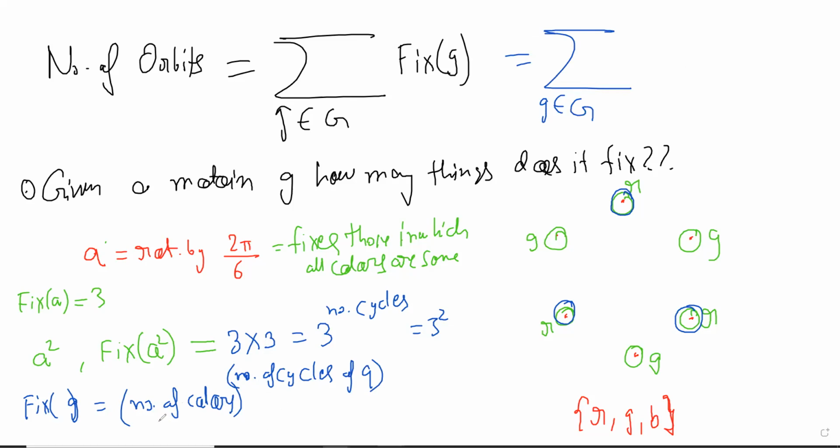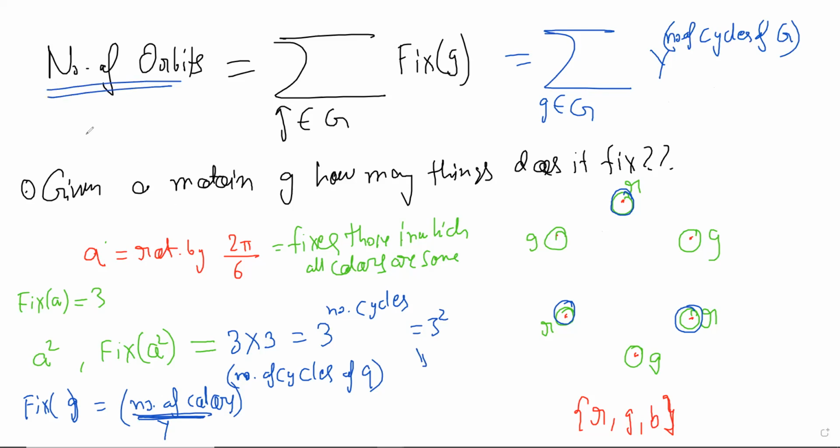Let's call this Y. So this thing is Y to the power number of cycles of G. Here is a very interesting thing about this. This means that the answer in the end will be a polynomial evaluated at the number of colors.